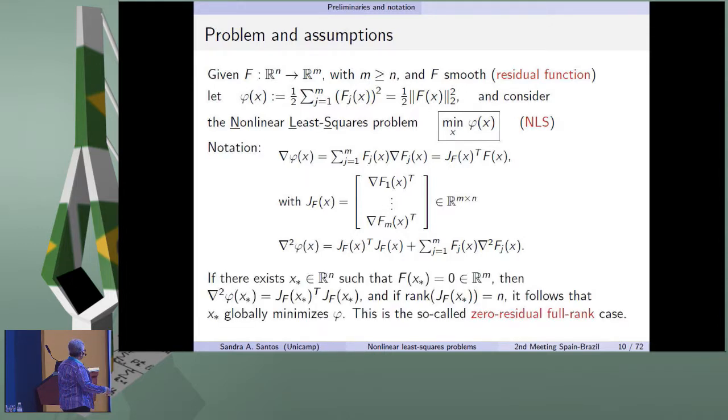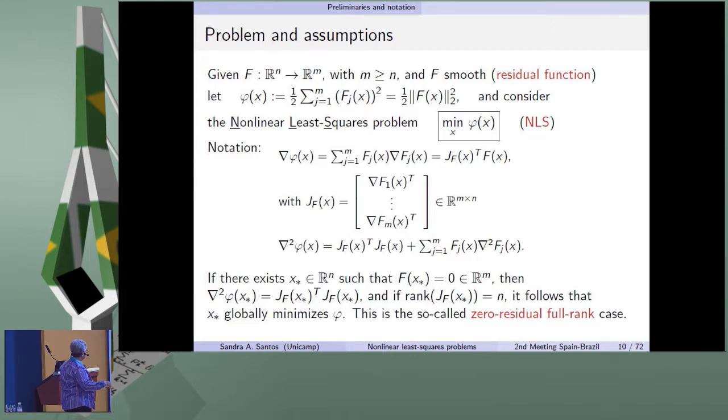Okay, in case one has a point in which the residual function is 0, notice that at the Hessian, this term is going to vanish at the solution. And then the Hessian just has the first-order derivatives, the component of that.